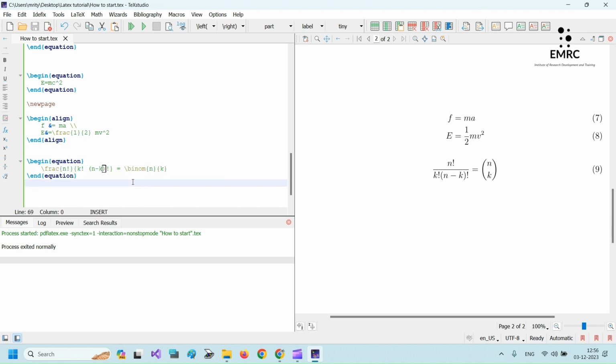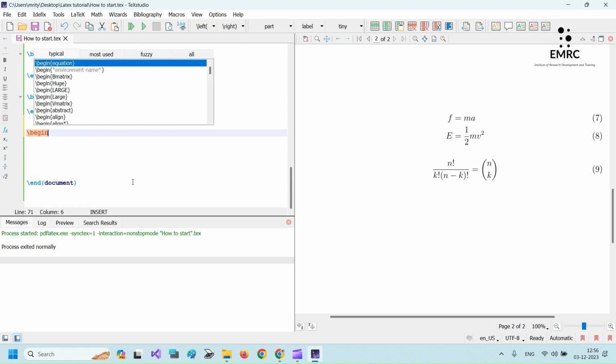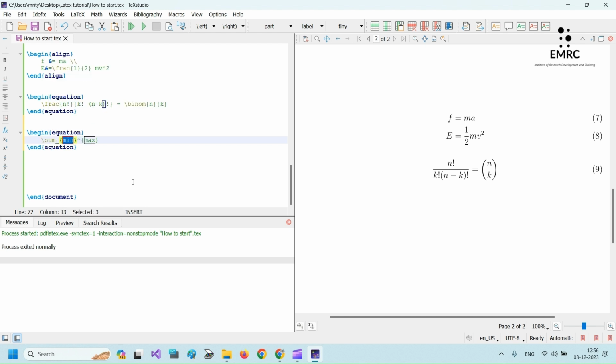Or some other equation, suppose I write begin equation sum i is equal to 1 to n x is equal to frac n, n plus 1 by 2.